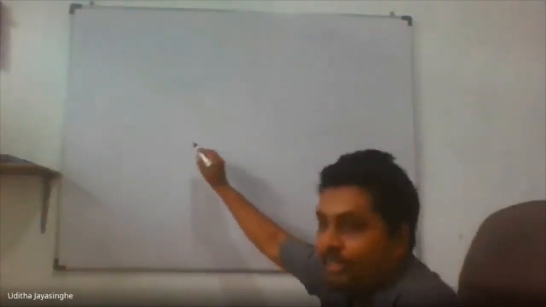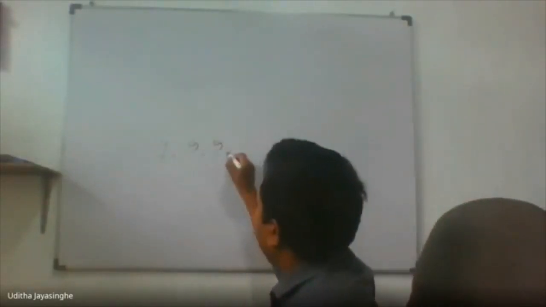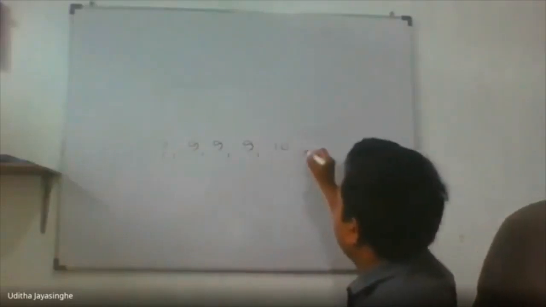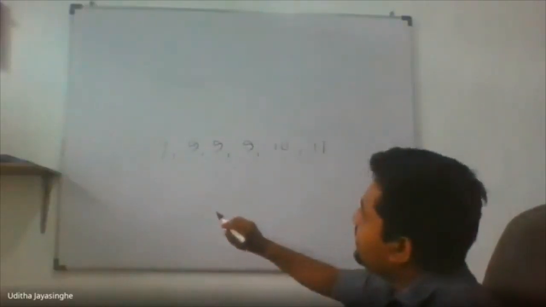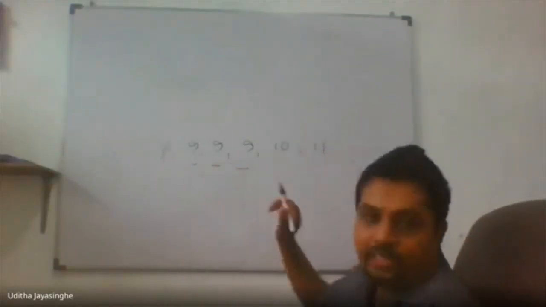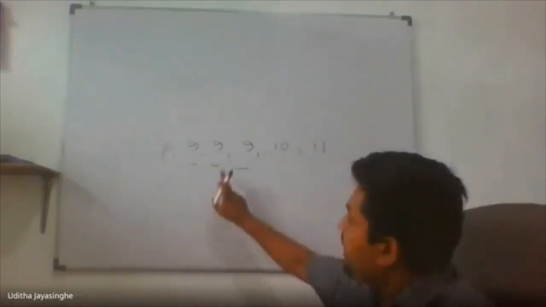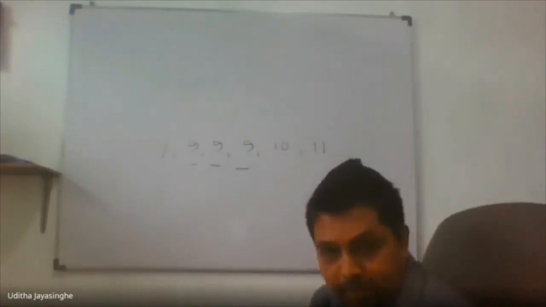Let's say you have a data set of 7, 9, 9, 9, 10, 11. In this instance, 9 is the mode. Why? Because 9 occurred the most number of times in this data set.